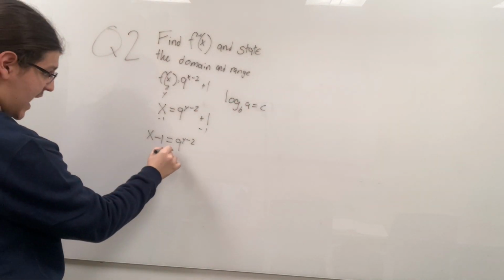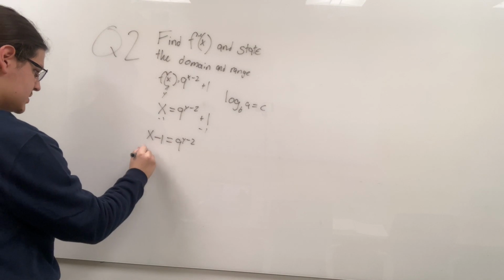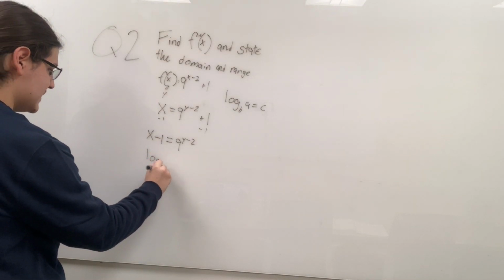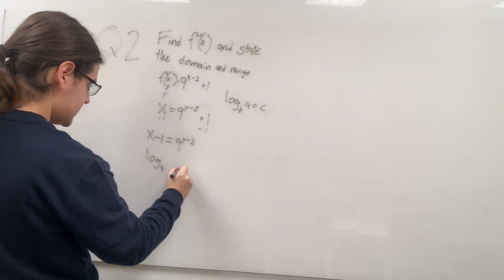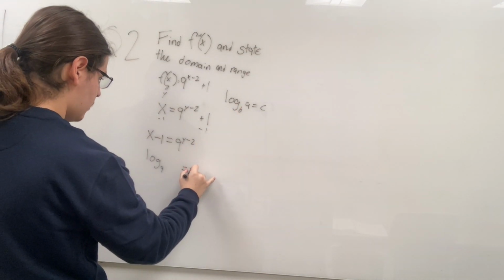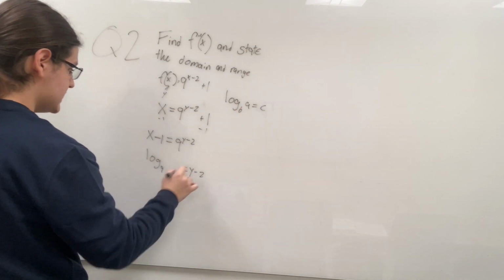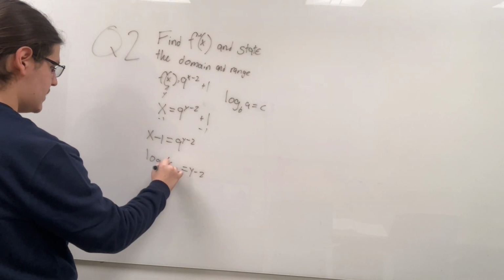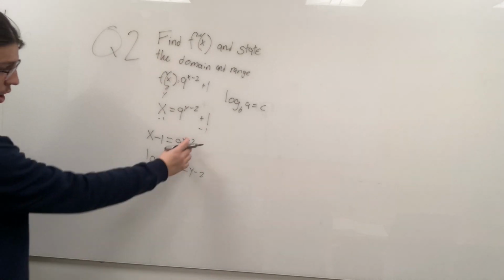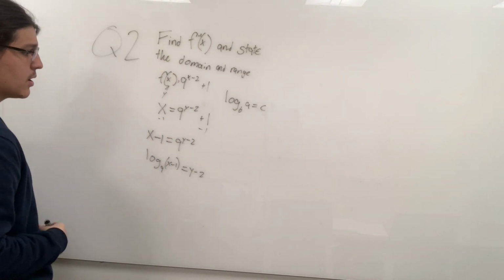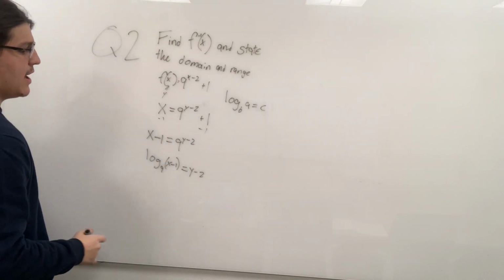So let's make 9 our base. So we're just going to have log base 9 to this power, so we can just set it equal y minus 2 is equal to x minus 1. And there we have it. We've brought our y down to the floor, and we can start just doing normal math with it.